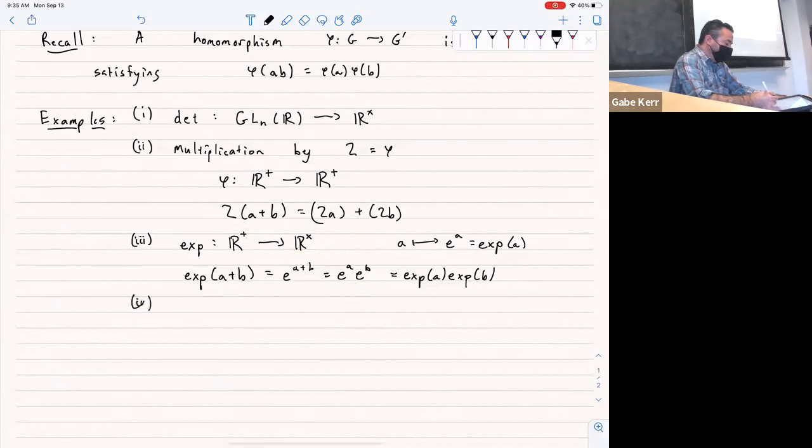Also, if you don't like arithmetic stuff, well, there is a group of functions. You can make functions from reals to reals a group under addition.